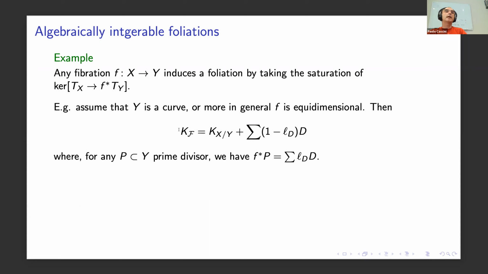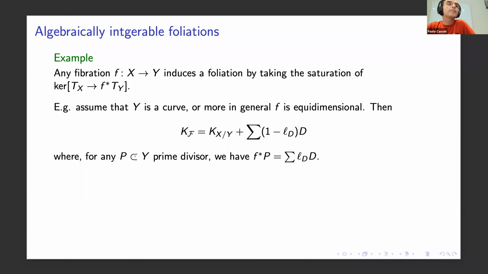Then in this particular case, it turns out that the canonical divisor of F coincides with the relative canonical divisor of the fibration. So in other words, K_X minus the pullback of K_Y, plus an error. And the error is supported on the multiple fibers.